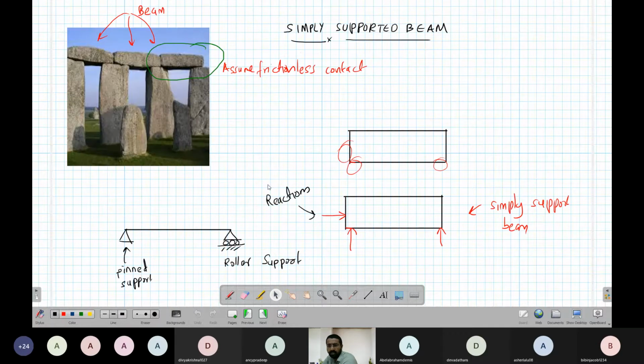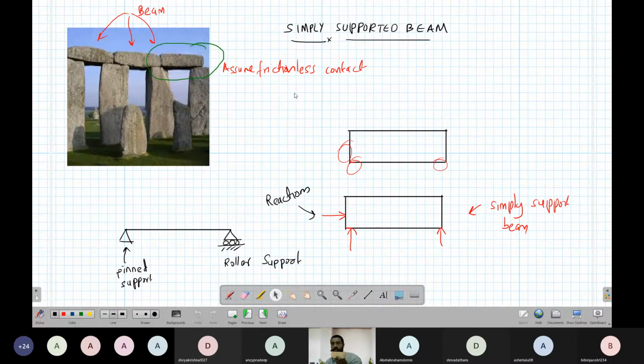Then we started on the simply supported beam. A simply supported beam is basically an object, let's say like this, resting on two supports.